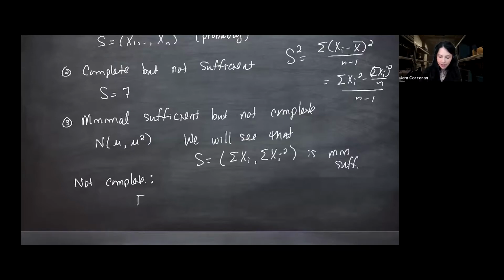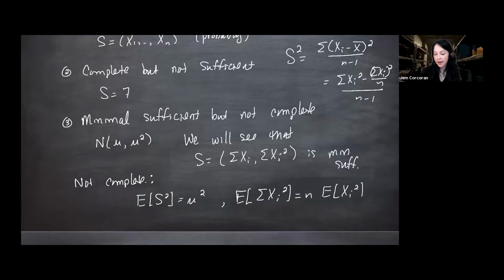So the expected value of the sample variance is the true variance, which in this case is mu squared, and the expected value of the sum of the xi squared, if you pull the n out because it's a linear operator, so I don't need independence or anything, then I have the expected value of xi squared, and I can do our trick.